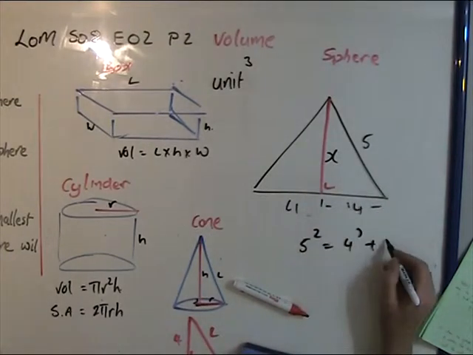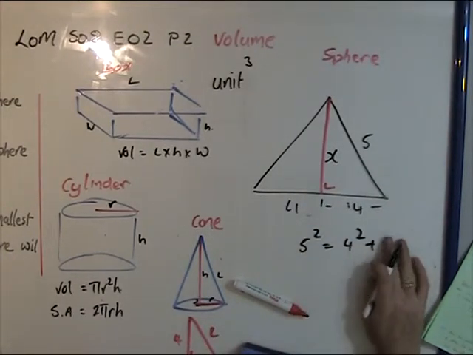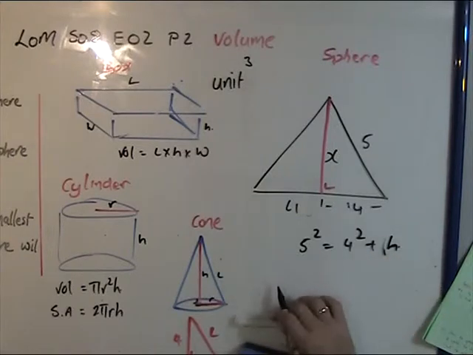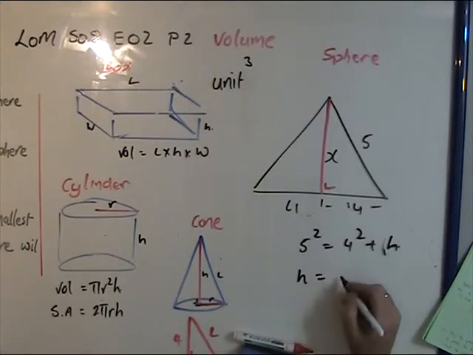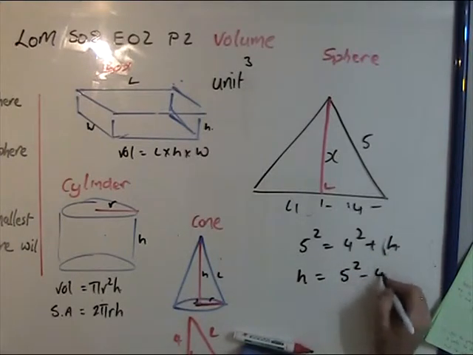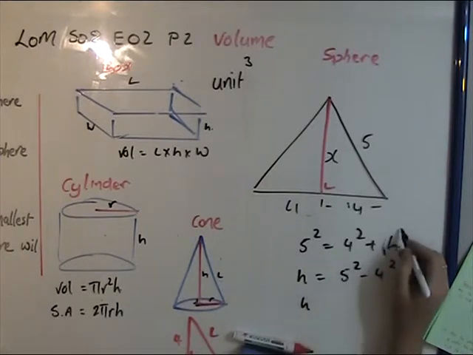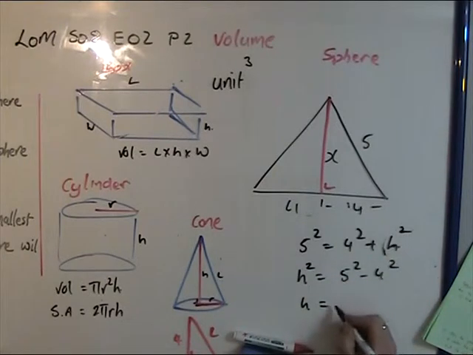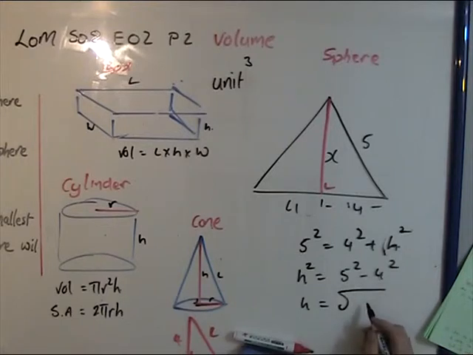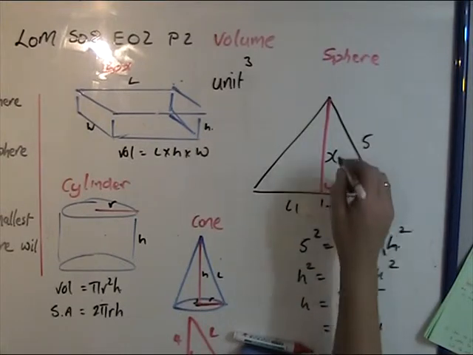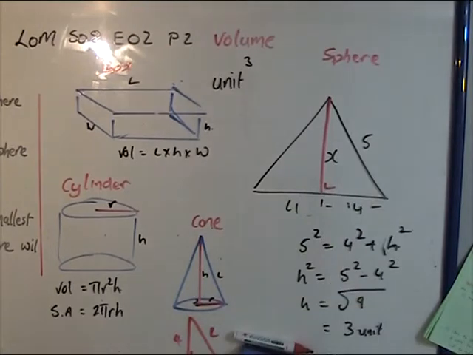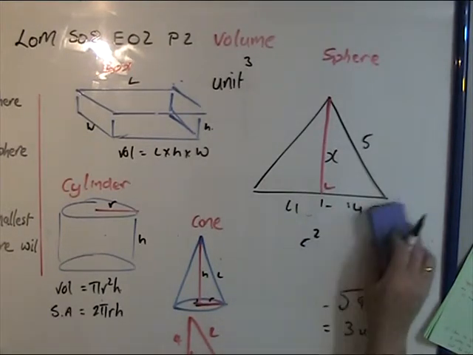I'll call the height h. 5 squared minus 4 squared gives h squared. H is equal to the square root of 25 minus 16, which is 9. H is equal to 3, whatever unit length it is. So that's the length from there to the perpendicular line. It's the same with parallelograms. It'll come into it as well.